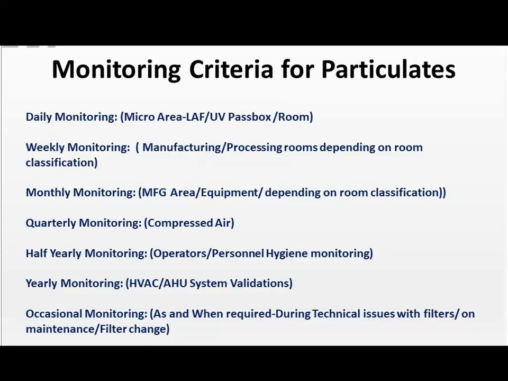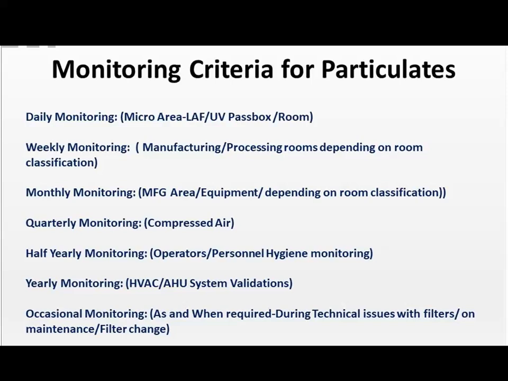These are going to be what we call our Class 100 areas or our Class A areas as defined by ISO. We can carry out weekly monitoring of our manufacturing and our processing rooms. Again, this will depend upon the classification. If we have a Class 100 or a Class A area, we want to monitor that every day.